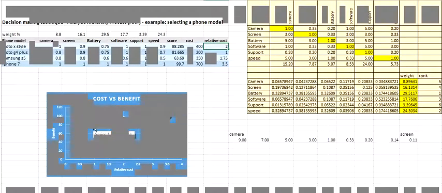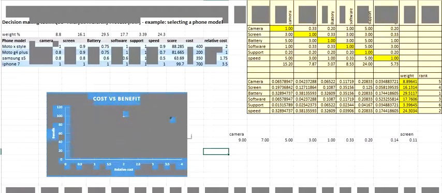From this, I can easily see that this one, 81.665, is the weighted benefit I get for a relative cost of 1. And the next one is this one. I get 88 for 2. And this is also close. As you can see, these are really close, 1 and 2.